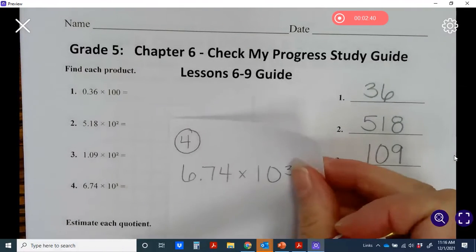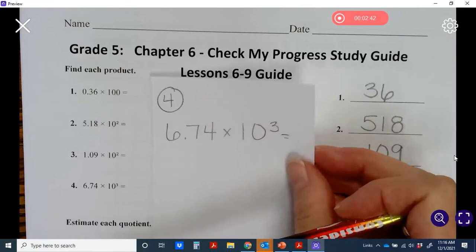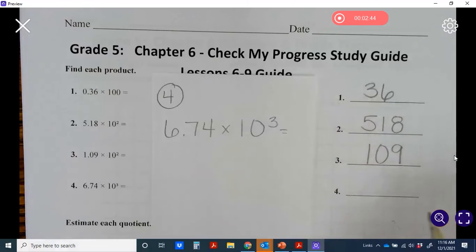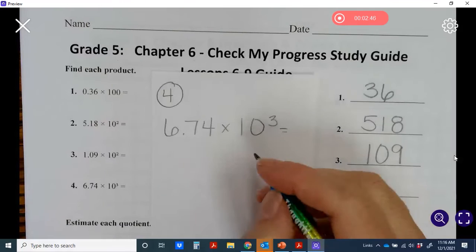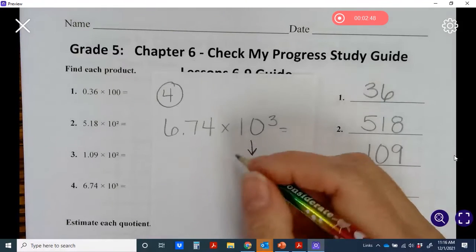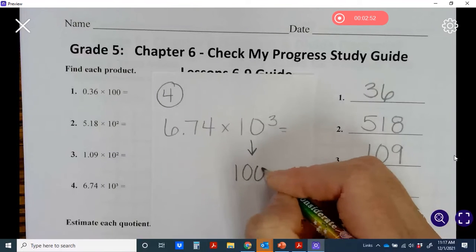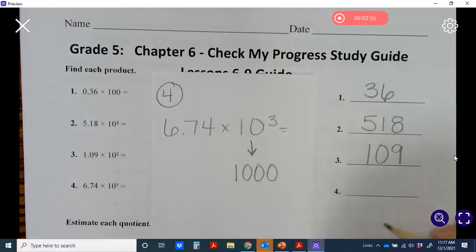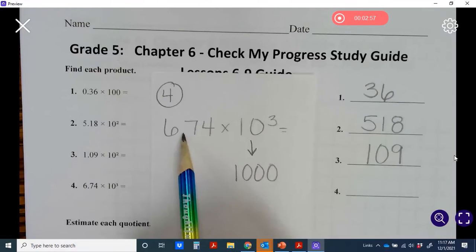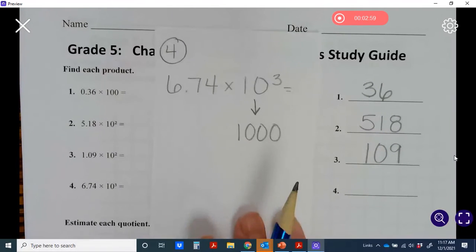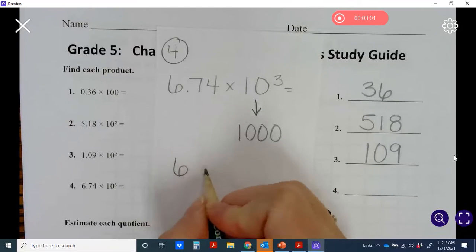Question number 4, we have 6 and 74 hundredths times 10 to the third power. 10 to the third power is a 1 with 3 zeros. That means we're going to have to move the decimal point over 3 spaces. Now to illustrate this, I'm going to write my number down here again.